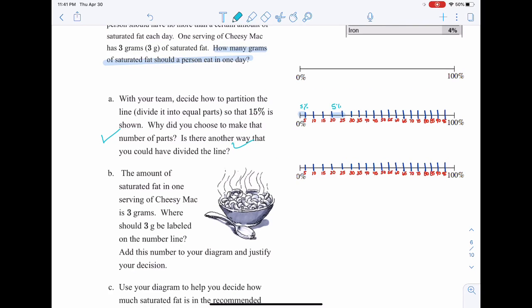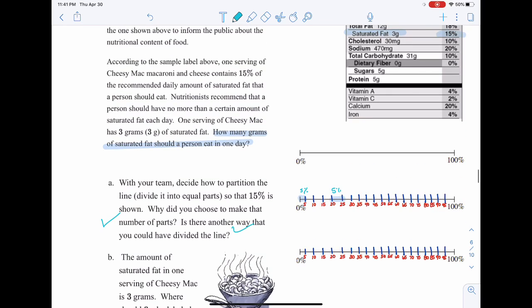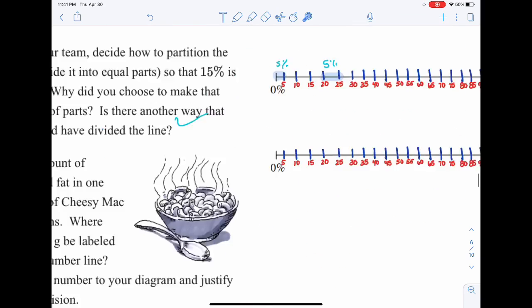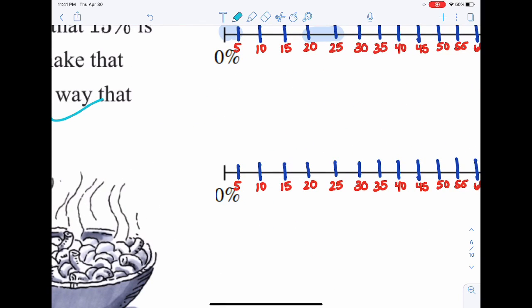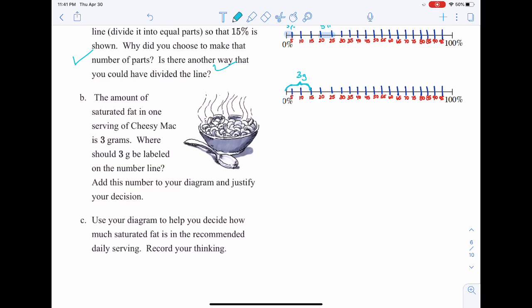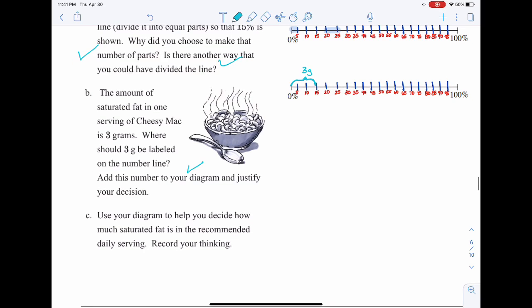What is 3 grams? 3 grams is 15%. So I need to include this 15%. So from here to here, that is equal to 3 grams. Okay? So we added it to our diagram and we explained why.